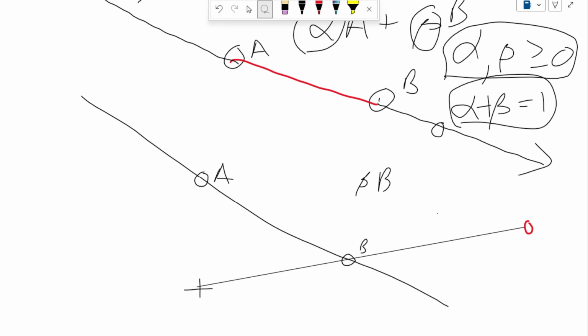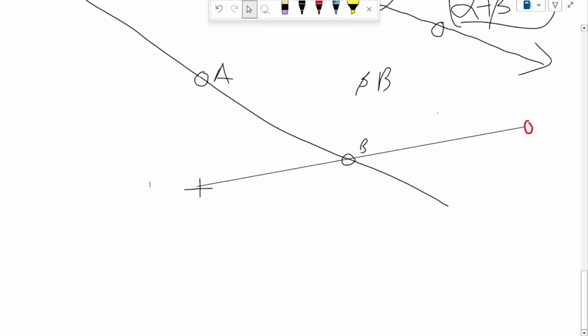Okay, but I'm requiring that these two things sum to 1. And so basically, if I take beta to be bigger than 1, for instance, because at 1, I'll end up at B, if I take beta to be 1. So as I take beta bigger, I'm actually making alpha negative.